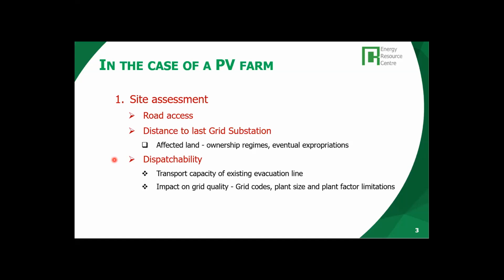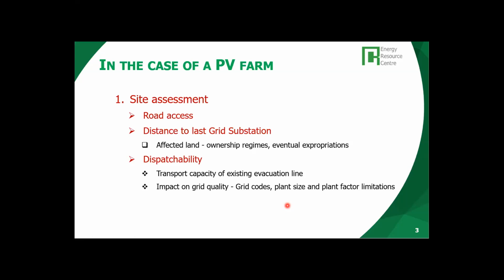So these are, of course, items that we need to consider when we approach a site assessment for a PV farm. Then, as I said, the dispatchability of the grid, the existing line and its capacity to evacuate all this power we could be generating in the site, but also what would be the impact on the quality of the grid.